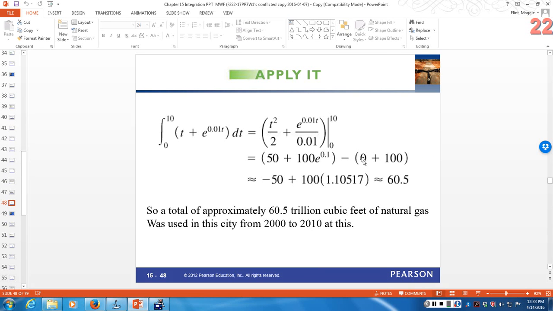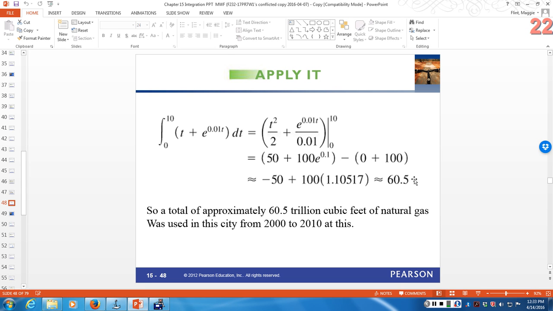That's all there is to it. T squared over 2 is 0, and e to the 0 power is just going to be 1, times that 100. Okay? So when you plug in the numbers, that amount at the end turns out to be 60.5.